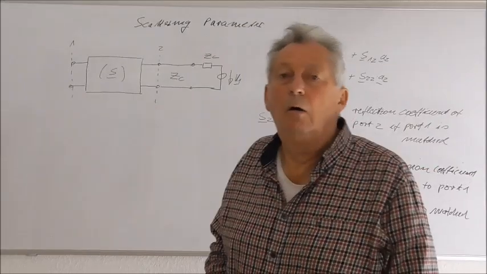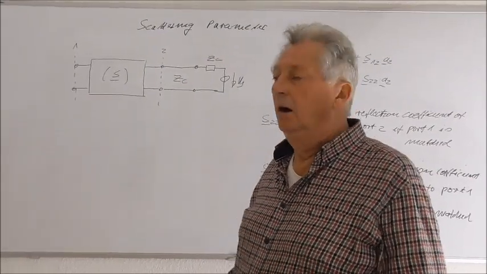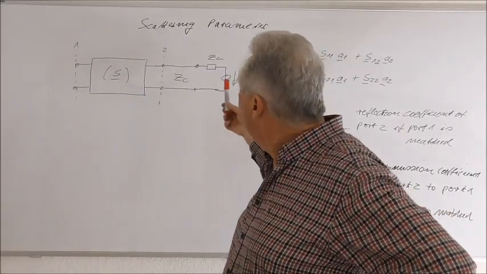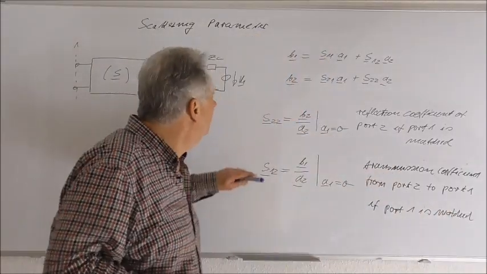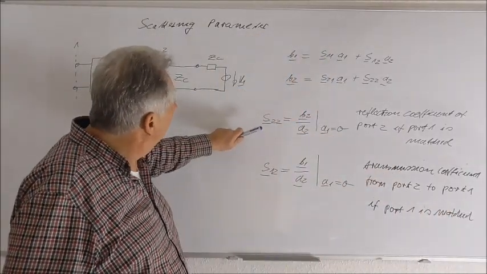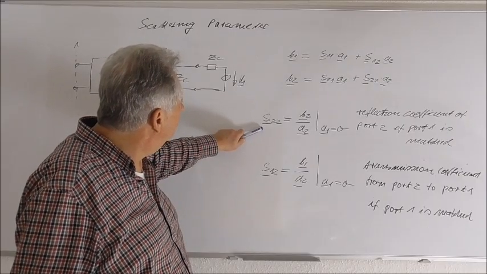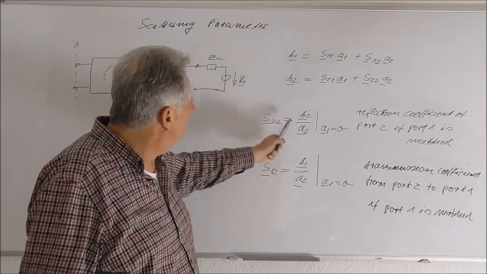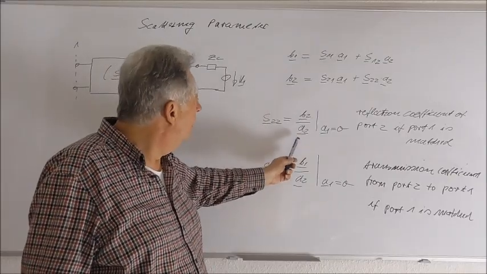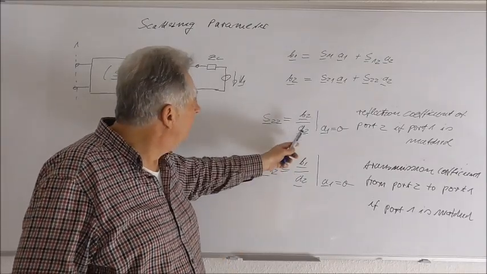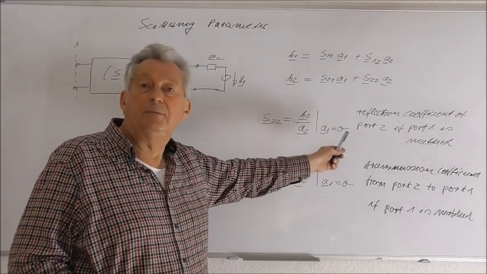So to go on in our consideration, I now sketched our configuration in a different form, and this results from the consideration that, for example, S22 can be calculated by B2 over A2, and also here in this case, of course, A1 must be 0.